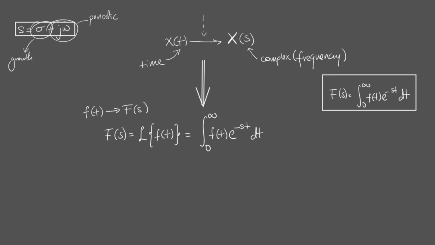So what does this mean? f of t is our function, what we start with: voltage as a function of time, current as a function of time. That's going into our integral. e to the negative st is what's going to help us map from our time domain to our frequency domain.